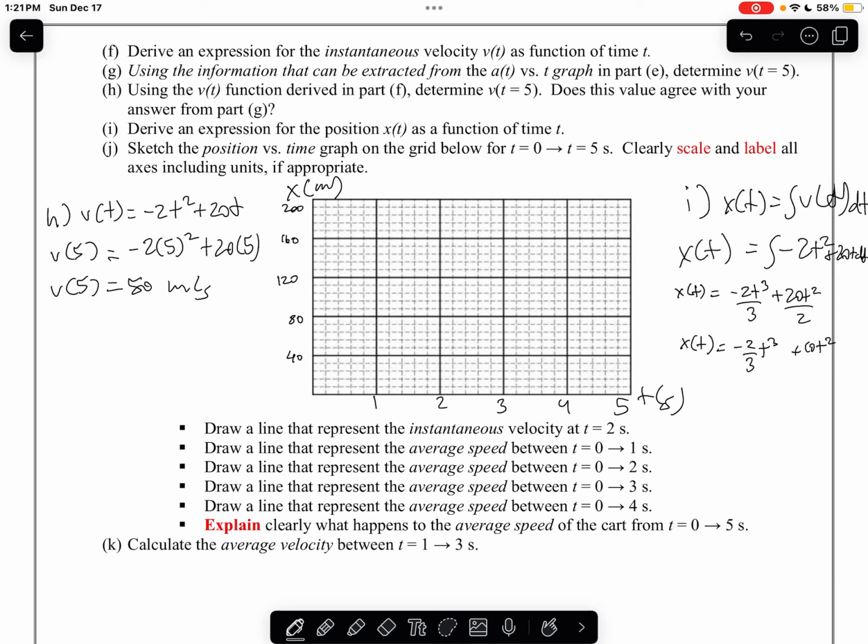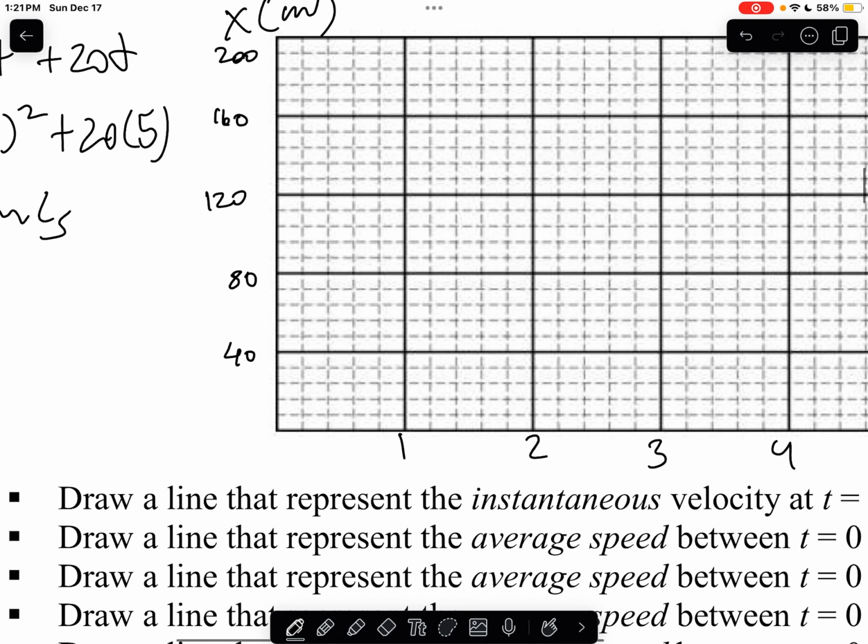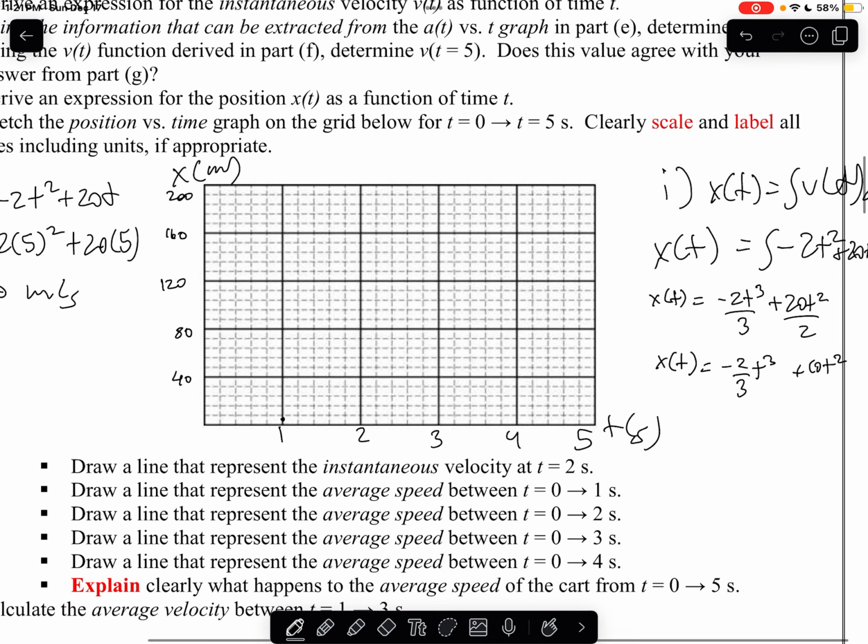So then all the values, when you plug them back into the x function: for x at 1 second, I got 9.33, which I think should probably be down here. The next one, x of 2, is going to be 34.67 when you plug it back into the equation, so it should be somewhere around there.